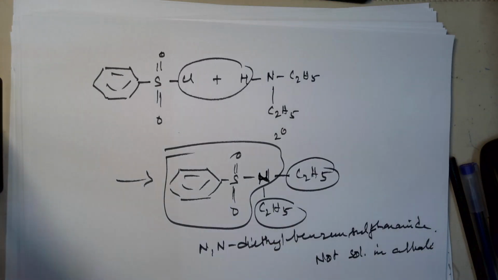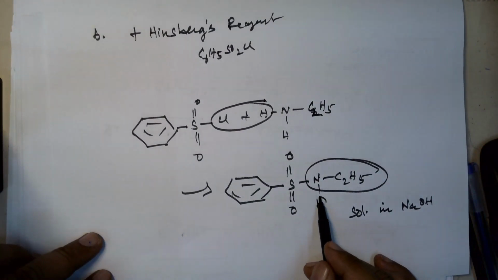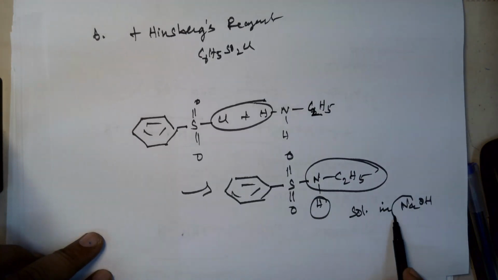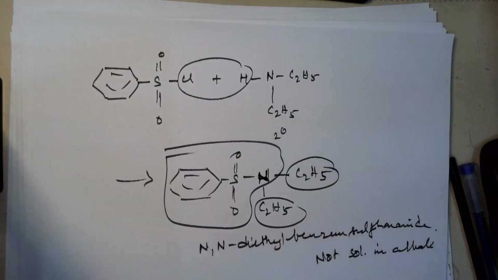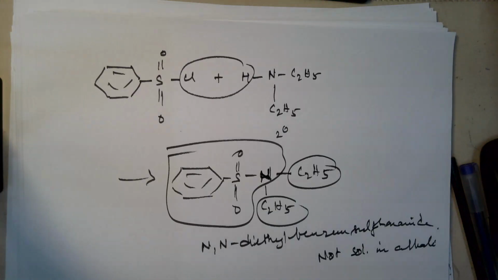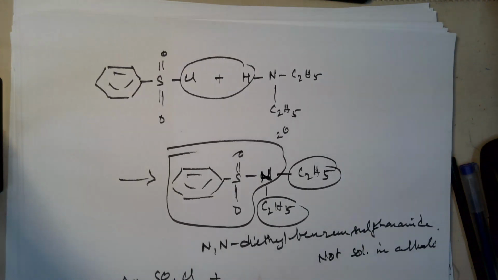In the primary case, they are replaceable. For example, this H can be replaced by sodium, so it is soluble. But there is no replaceable hydrogen here, and that way it's not soluble in alkali. In case of tertiary, C6H5SO2Cl with the tertiary amine, no reaction. So this property is helpful for us to distinguish primary, secondary, and tertiary.